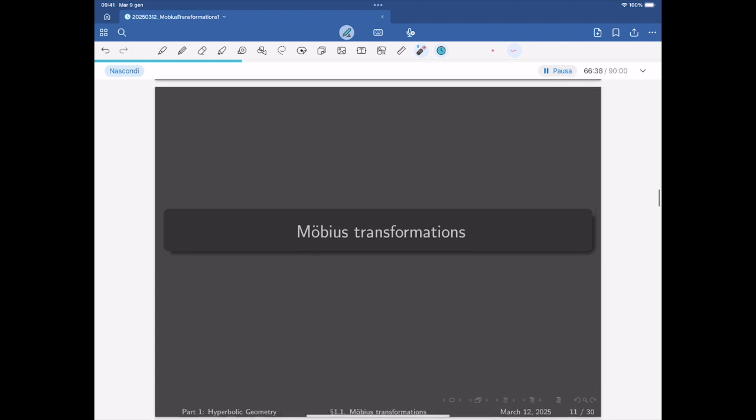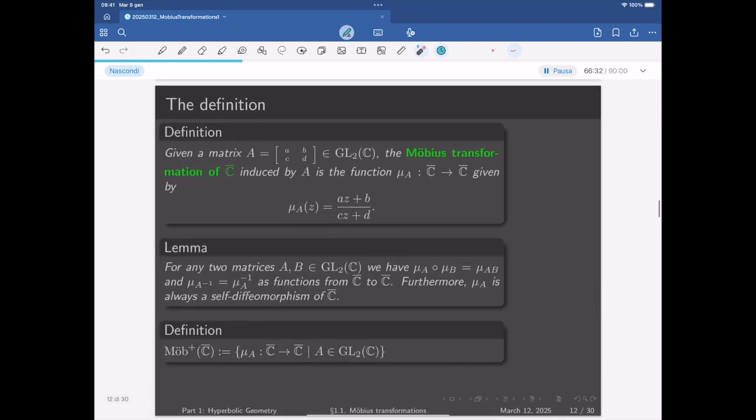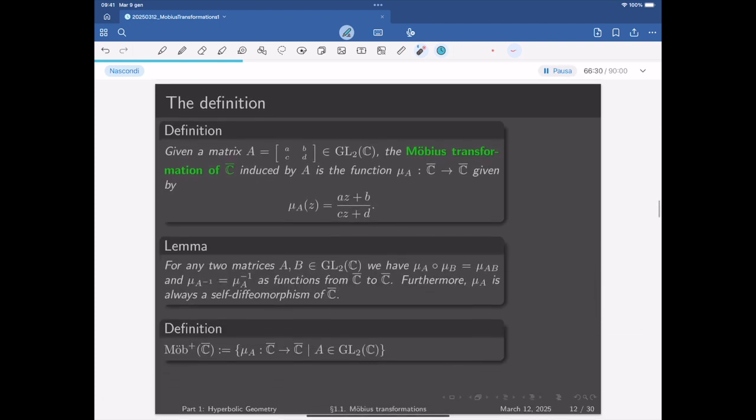So now let's start with Möbius transformations. The definition I like is that a Möbius transformation is the map from P1C to P1C induced by a bijective C-linear map from C2 to C2.